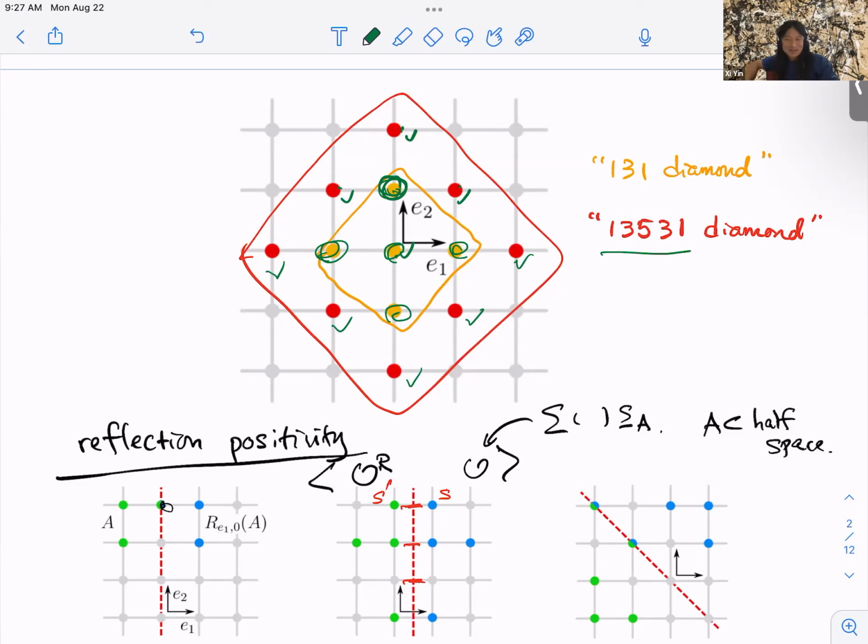I should say that I think if you consider a square region, it turns out that the square positivity may not be completely independent, may not be just a consequence of the reflection positivity.